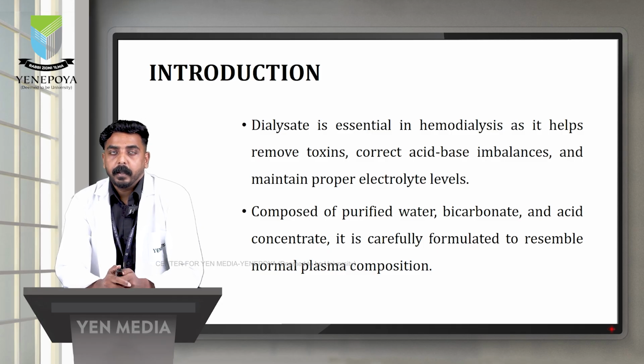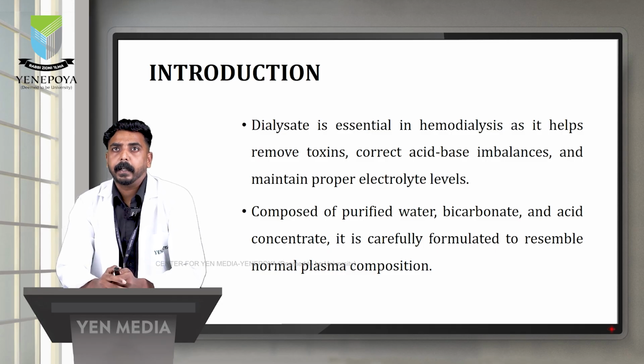Coming to the introduction, dialysate is essential in hemodialysis as it helps remove toxins, correct acid-base imbalances and maintain proper electrolyte levels. The dialysate is composed of purified water, bicarbonate and acid concentrate. It is carefully formulated to resemble normal plasma composition.